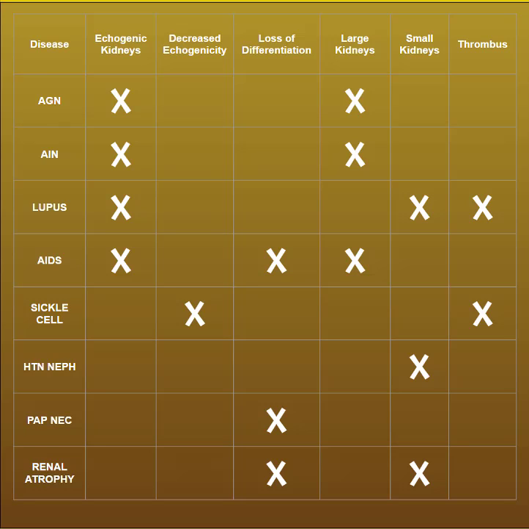You can see how echogenic kidneys applies to AGN, AIN, lupus, and AIDS, where decreased echogenicity goes along with sickle cell. So you can have this quick reference guide to see where there are similarities and differences in planning your studying and learning for this section.